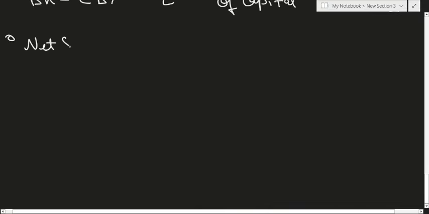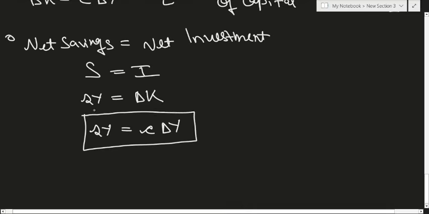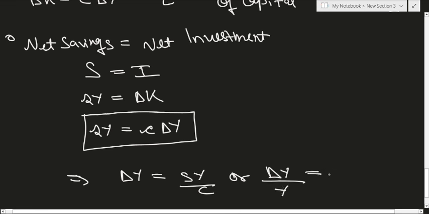Now we have an identity: net savings must equal net investment, so S equals I. Small s into Y should be equal to the change in capital stock, so s into Y equals C into delta Y. When we rearrange, we get delta Y equals sY upon C. Dividing both sides by Y, we get delta Y upon Y equals savings rate upon capital output ratio.